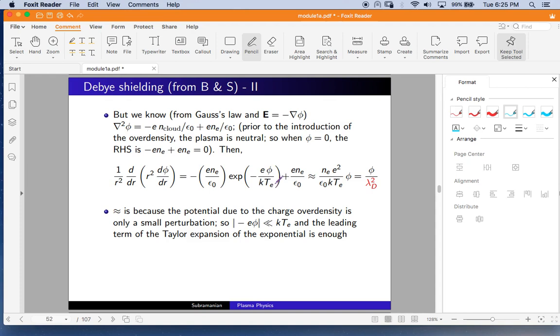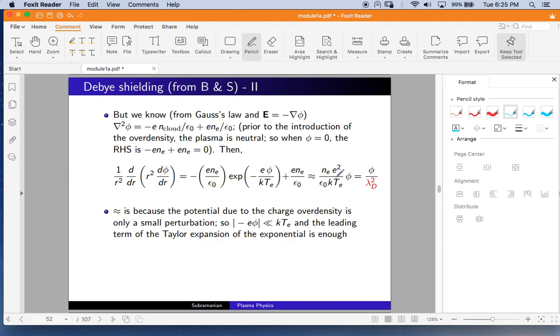So you're justified in expanding it in a Taylor series. And so the first term of the Taylor series is 1, and so for that 1, this guy and this guy cancel out. The second term of the Taylor series involves phi, and when you multiply that with that, you simply get this. So this is the first approximation: 1 over r d over this entire thing, del squared phi, is equal to this.